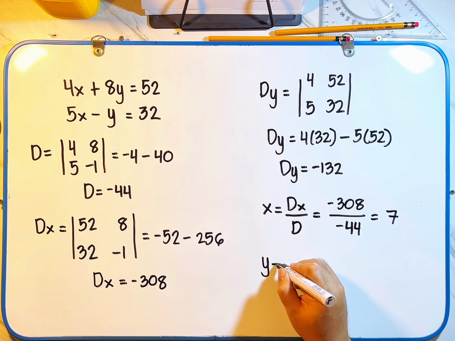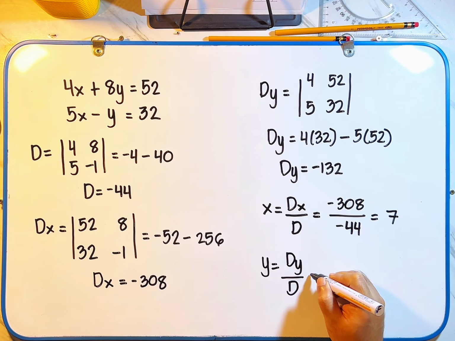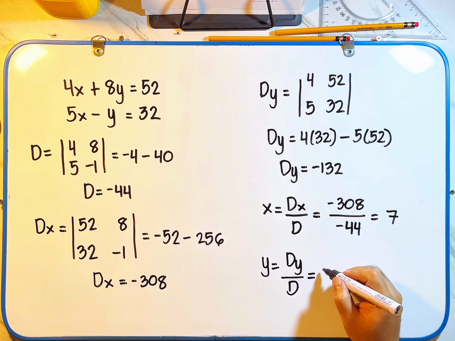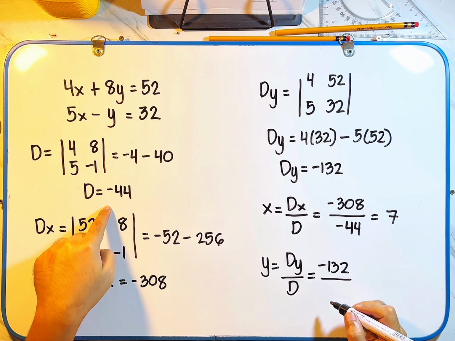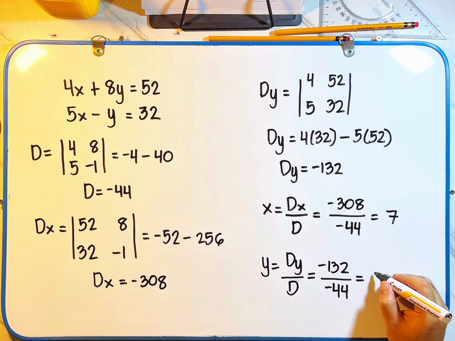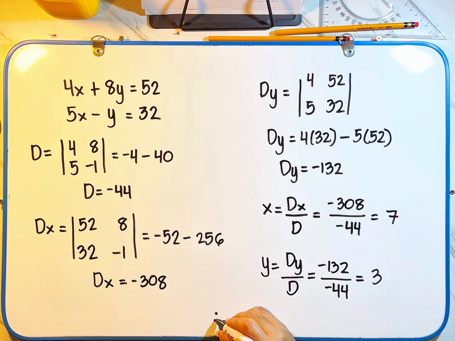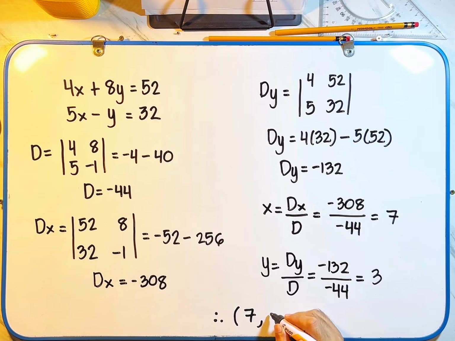And for y is equal to dy over d. dy is negative 132, and d is negative 44. Negative 132 divided by negative 44, that is 3. Which means the solution is the point 7, 3.